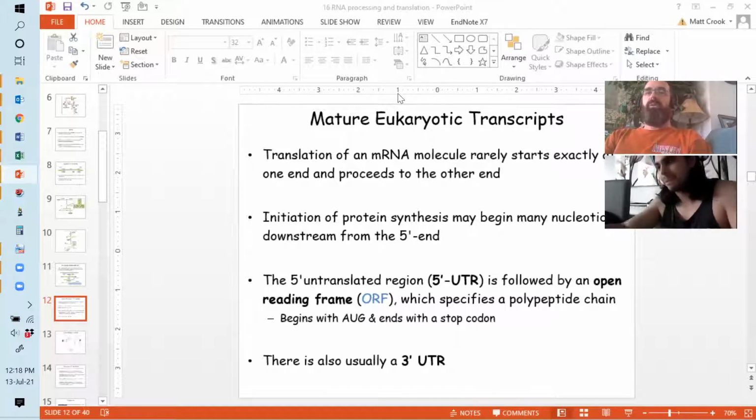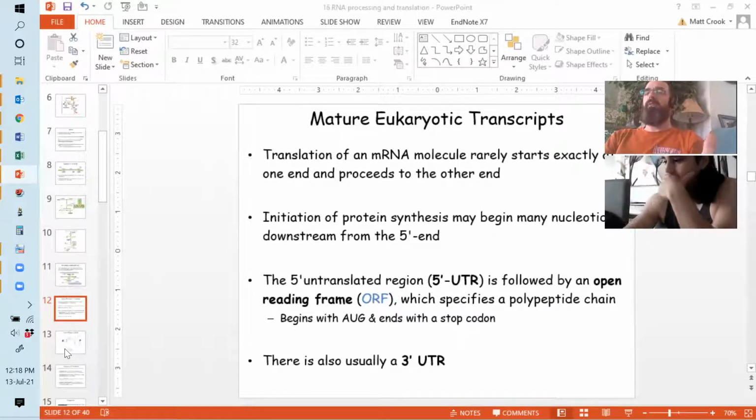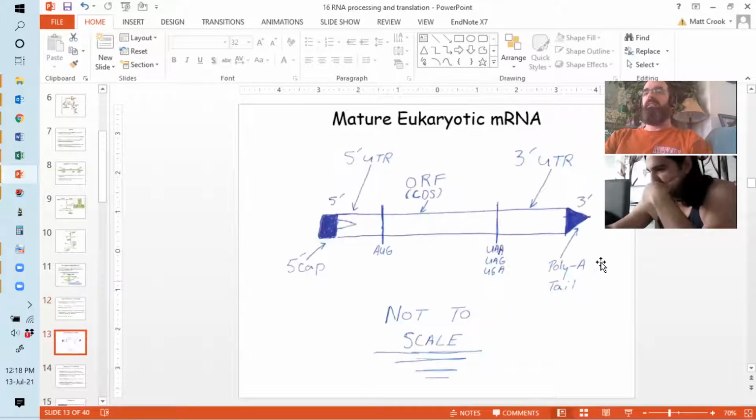So essentially, at the end of all of that processing, we have a mature eukaryotic mRNA, which consists of all of these things. We've got a 5' cap, which protects the end and plays a role in initiation of translation.